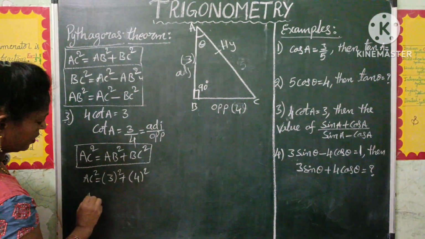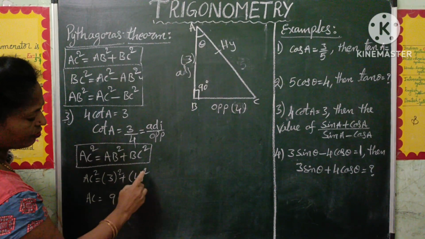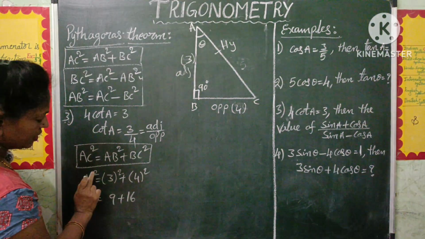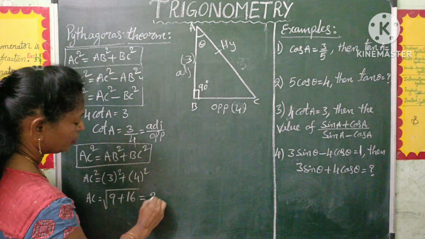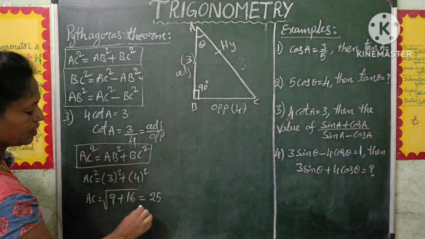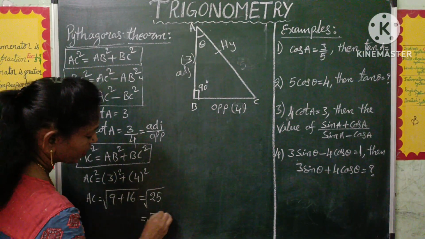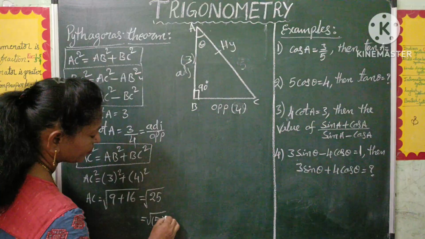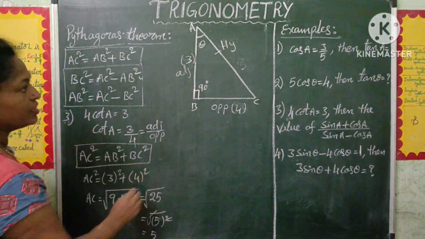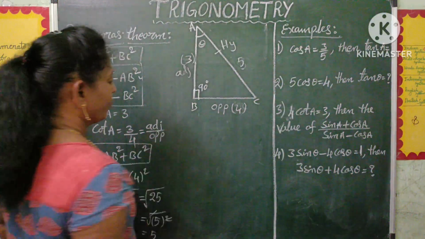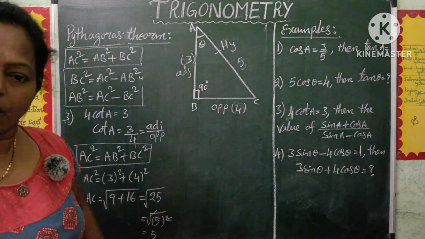AC square equal to 3 3s are 9 plus 4 4s are 16. Square becomes square root. 9 plus 16 equal to 25. 25 can also be written as 5 square. 5 cancels the square, so AC is 5. Now how to write the ratio of sine and cos, we need.